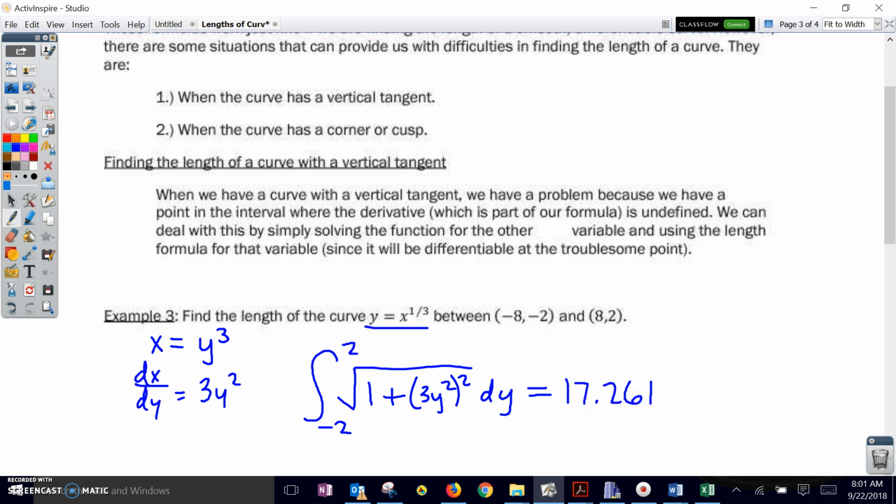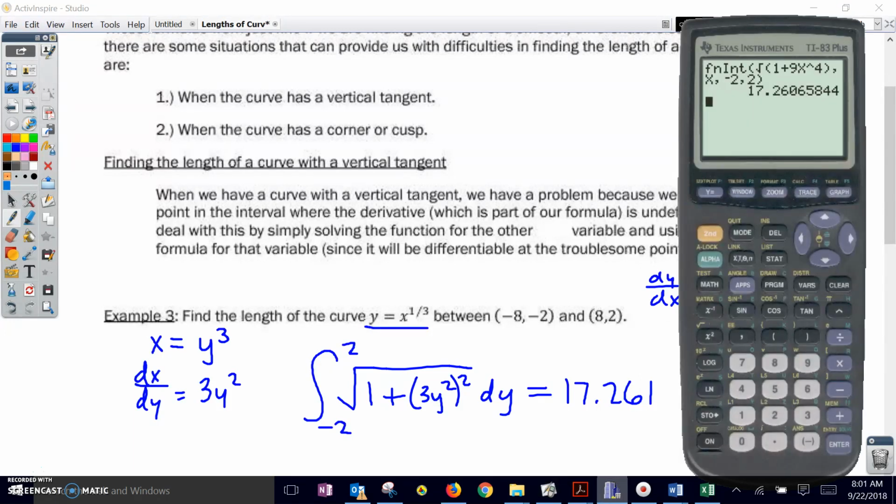Now, what would have happened if I had tried to find this arc length with the vertical tangent? Sometimes our calculators can overcome that, and sometimes they can't. So let's take a look at what would have happened if I tried to do it that way. dy dx is equal to 1/3 x to the negative 2/3.